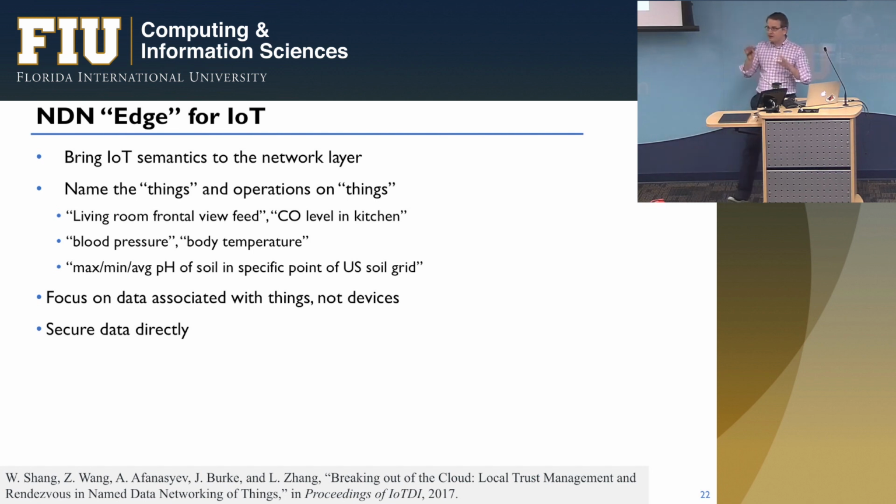And beyond that, there are a few interesting concepts that NDN can bring, because NDN as a networking layer operates on application names. So you're no longer bound to talk to the controller or whatever IoT thing as a device. You no longer need to say, this is a thermostat, this has an IP address, let me get to the controller and then issue some request to get the temperature.